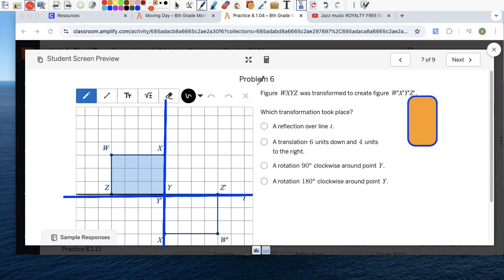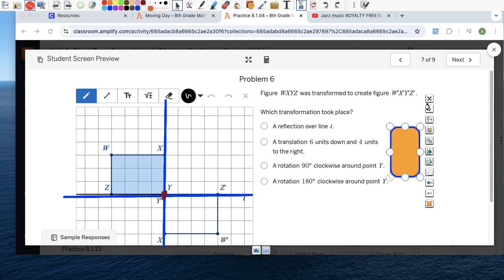A rotation 180 degrees clockwise around point Y. Well, guys, let's think about rotations again. So this would be a 90-degree rotation clockwise, and then another 90, and then another 90.